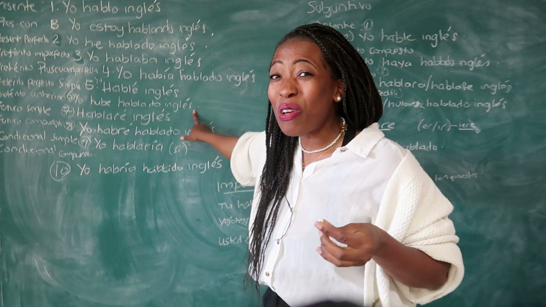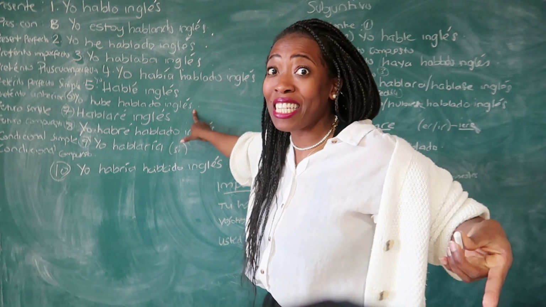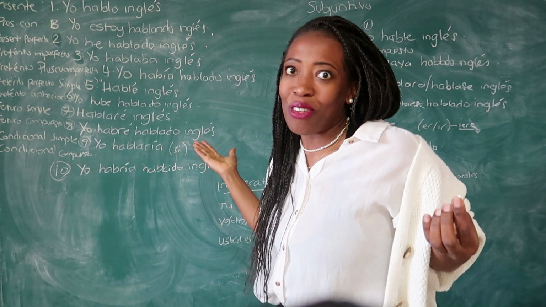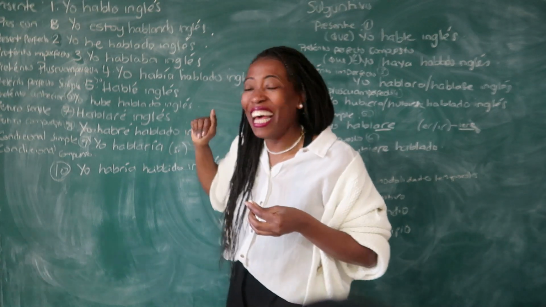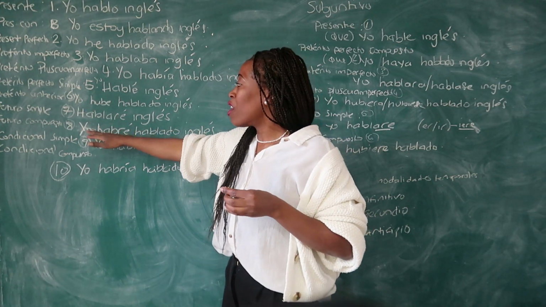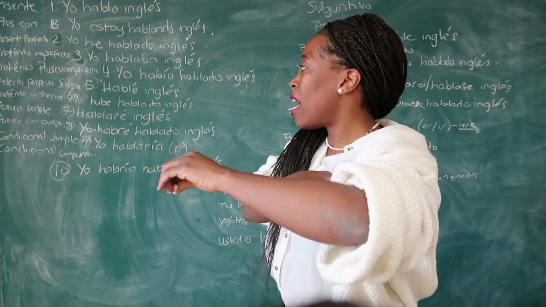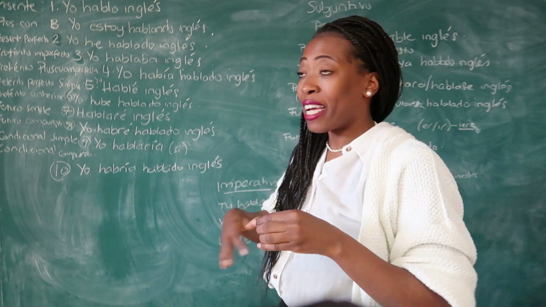Casi nunca. And I don't hear it as much. But I have to tell you so you know it exists. Es un tiempo verbal que sí existe, so that's why it's on the board. Okay, so that's it. The next one, number 7, we have el futuro simple. Hablaré. I will speak English.